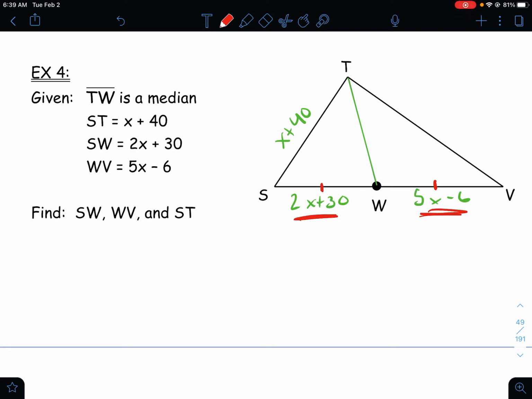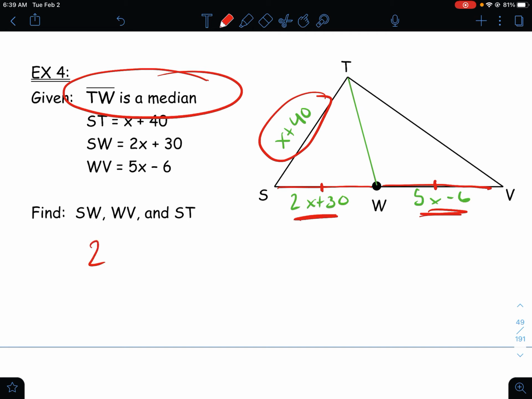I want to point out, we don't know the relationship of ST to SW or WV. We can't use that at all right now. We're ignoring it. The only piece of information we have is that this guy is congruent to this guy, and the reason we have that is because they told us that TW is the median. So we're going to say 2x plus 30 is equal to 5x minus 6.